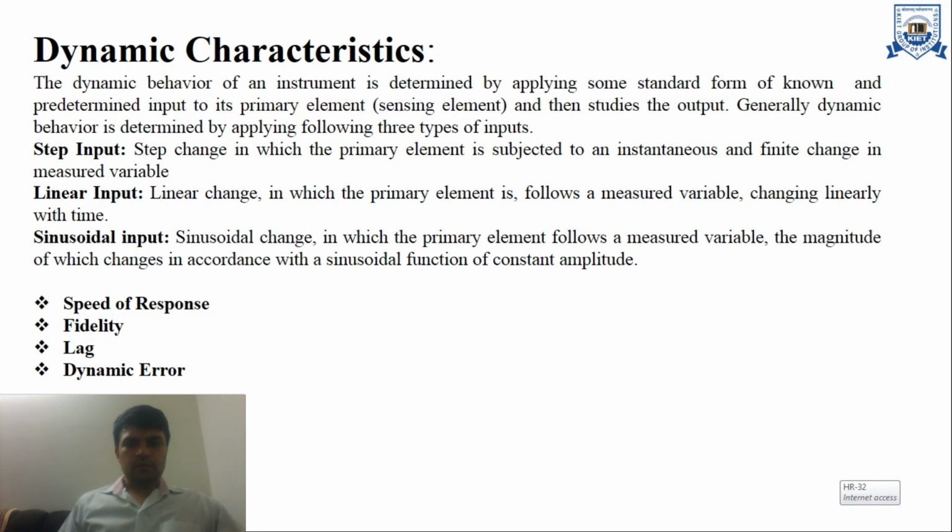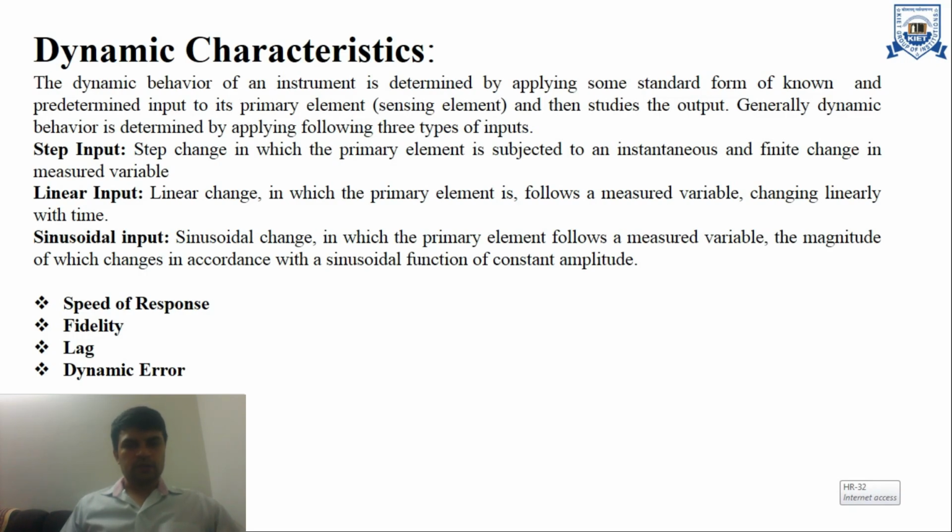Generally, dynamic behavior is determined by applying the following three types of input: first, step input, then linear input, then sinusoidal input. By using these types of input, we can study the dynamic behavior of any instrument.